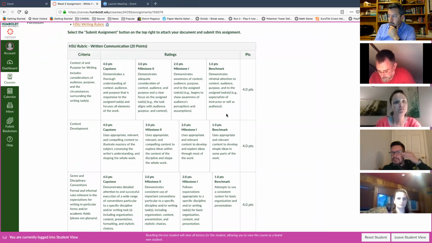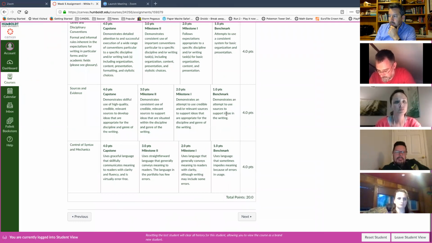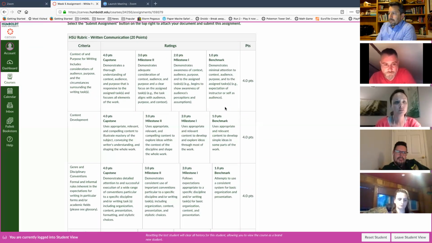The rubric here is a little bit generic. It's the Humboldt State writing rubric, so you'll see it in other courses.